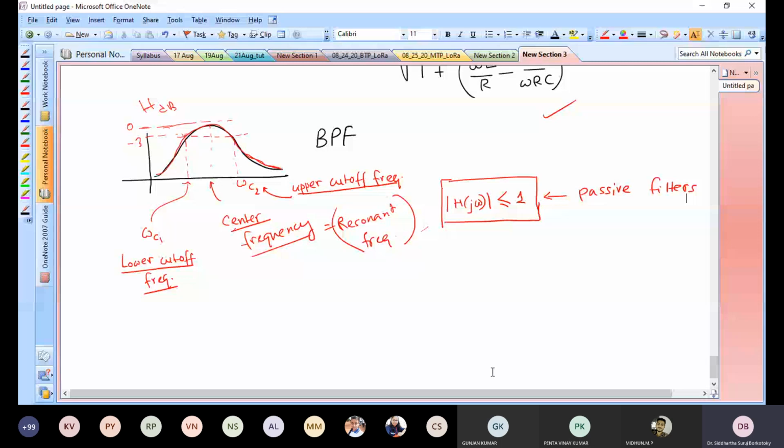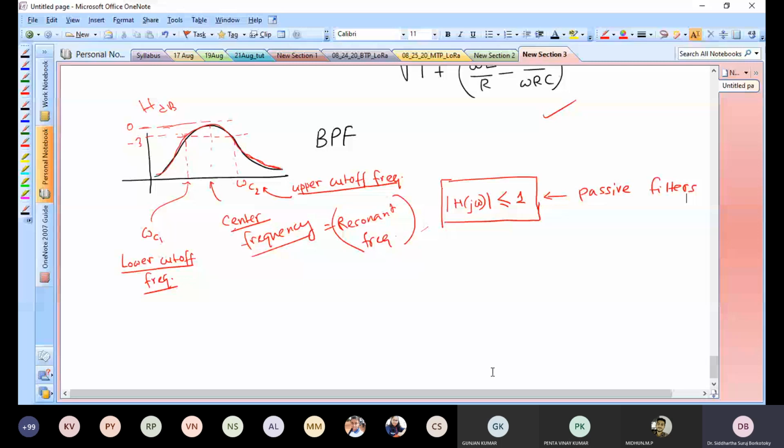You could make it a minus 6 dB cutoff, fine. But if you do that, you have to be very careful to specify it. If you just say my cutoff frequency is 10 hertz, most people will assume you are talking about the 3 dB cutoff. If it is something else, you will have to be very clear in defining that. For ideal filters it's easy: cutoff means cutoff, and at that point everything is cut off.